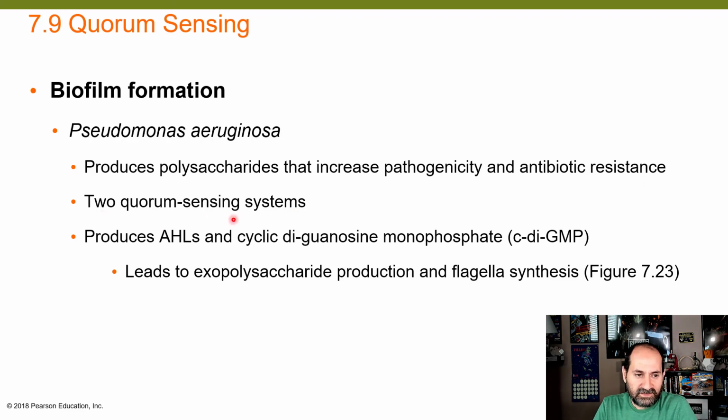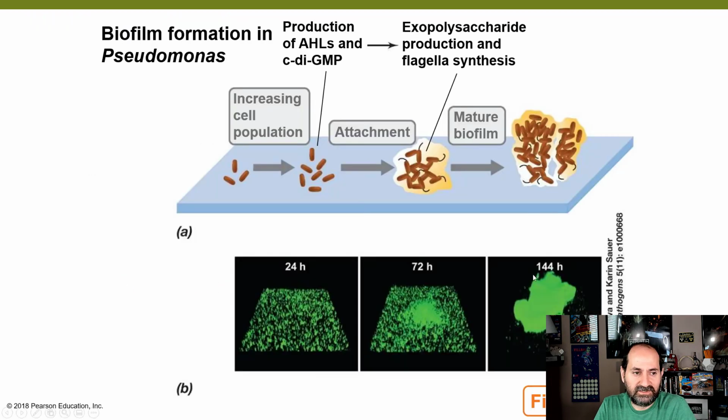So there are two quorum sensing systems here. You could produce AHLs and cyclic di-guanosine monophosphate, c-di-GMP. This leads to exopolysaccharide production and flagellar synthesis. So take a look here. You've got Pseudomonas aeruginosa binding to the surface, not yet in sufficient population, but now you have more bacterium attaching in sufficient population to produce the AHLs and the c-di-GMP.